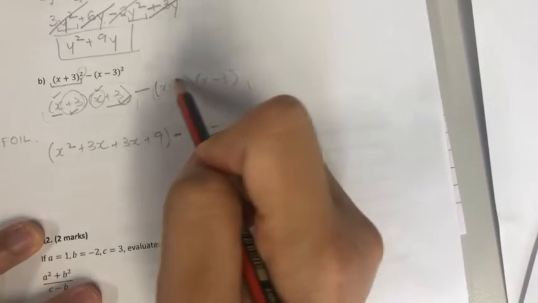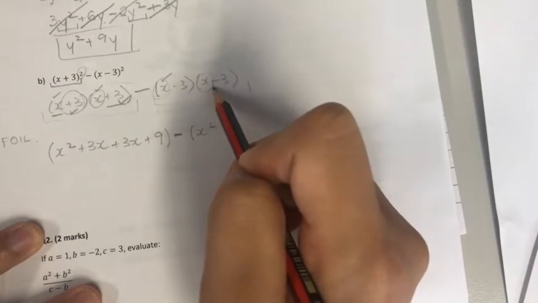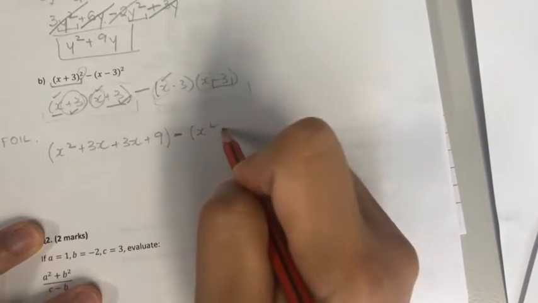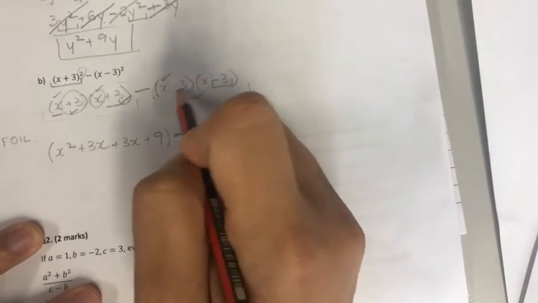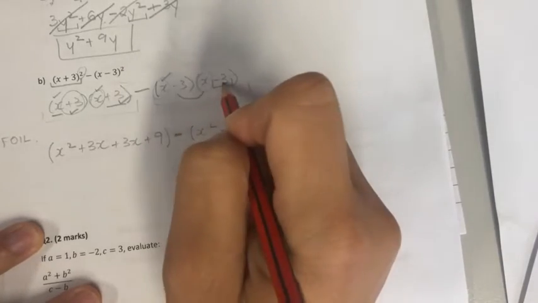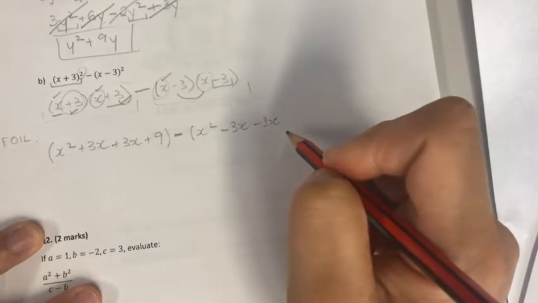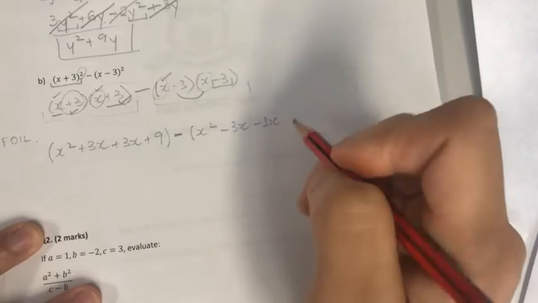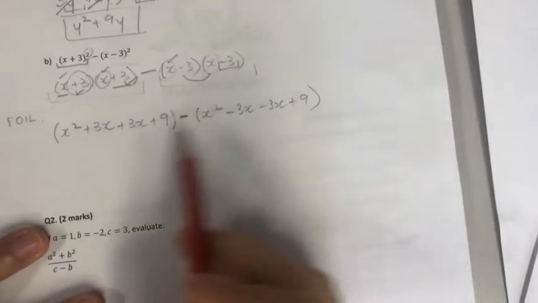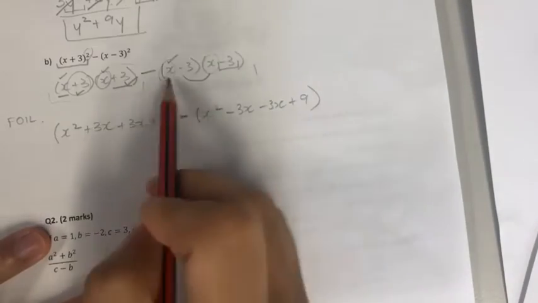The outside terms are the x and the minus 3, remember that belongs to the 3, so x times minus 3, they're opposite, so it's a negative value, minus 3x. Inside terms, minus 3 times x is minus 3x. And then minus 3 times minus 3, they are the same symbol, both negatives, which means I'll get a positive answer.